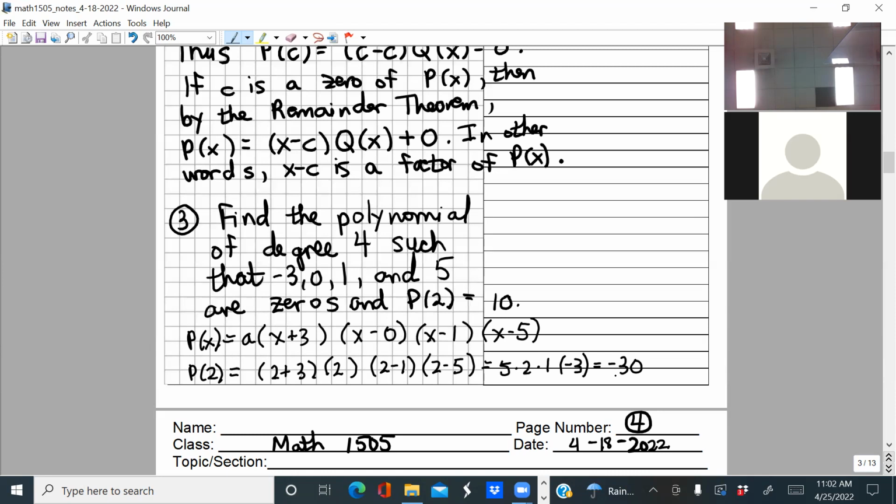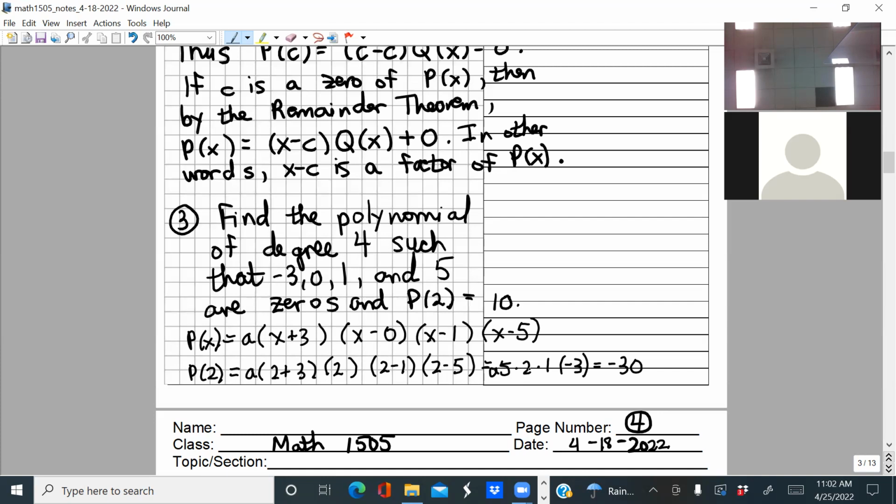All right, so let's think about that. Suppose we have a constant a multiplied in here, and now let's evaluate P of 2. Keep the constant. You don't know quite what that value is, but keep it. Plug the 2 in. So you still have this constant multiplied in.